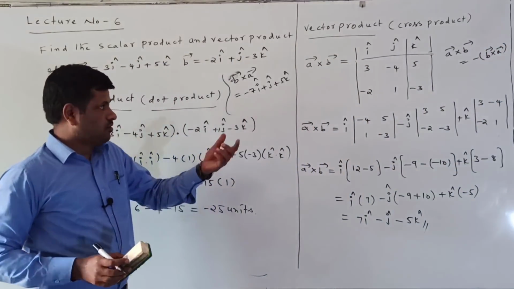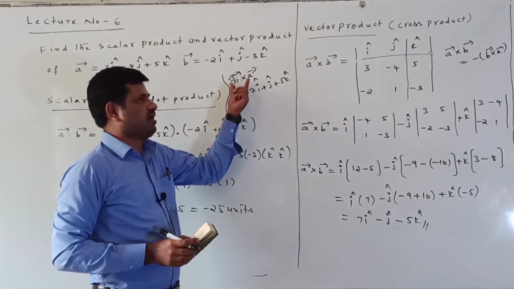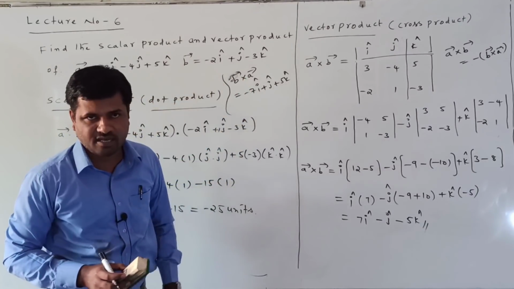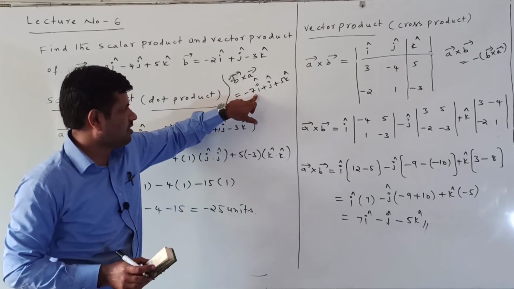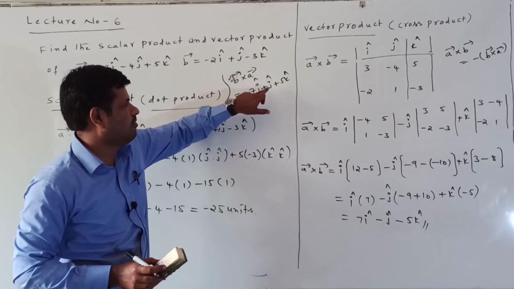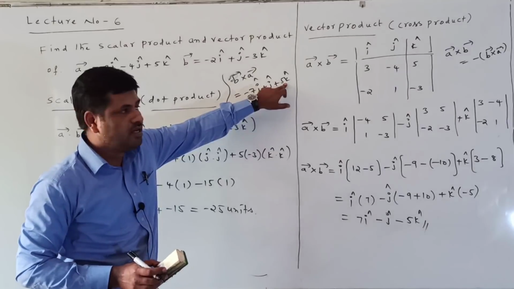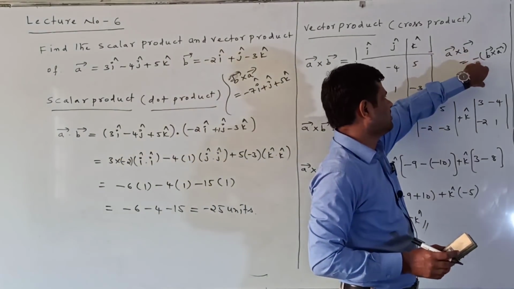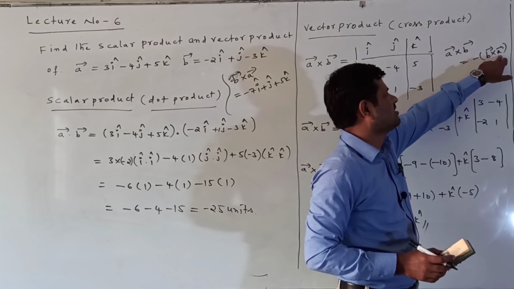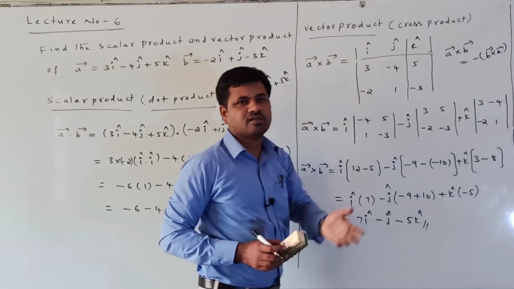In your home you can find b bar cross a bar, and we get minus 7 i cap plus j cap plus 5 k cap. You check this relation, whether a bar cross b bar is equal to minus b bar cross a bar is correct or not, using this problem.